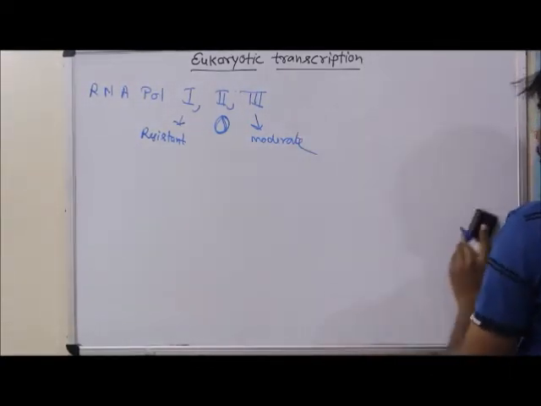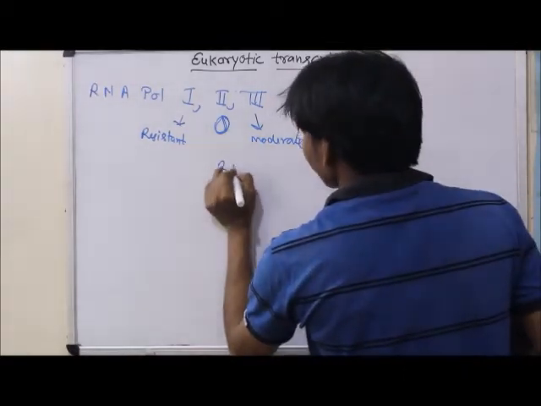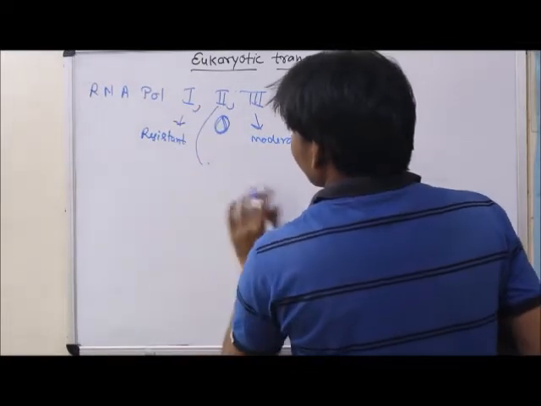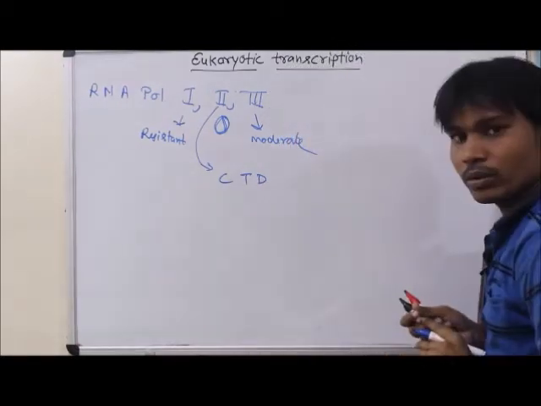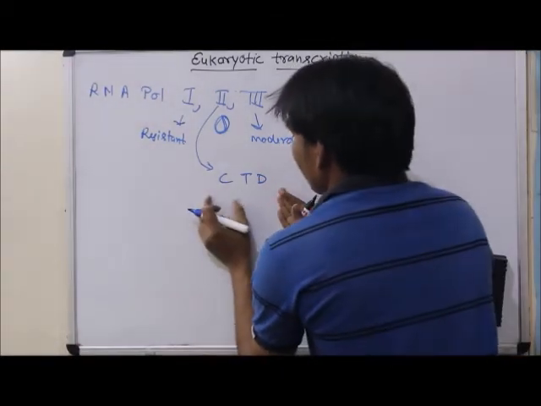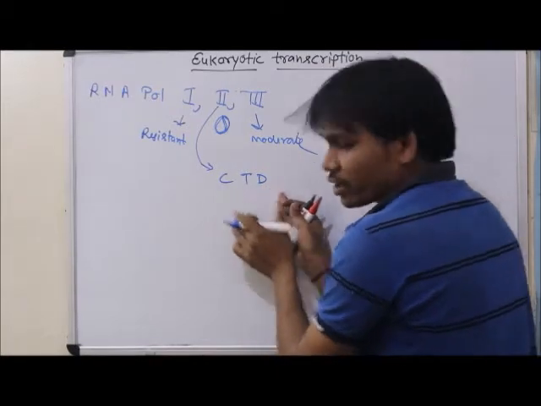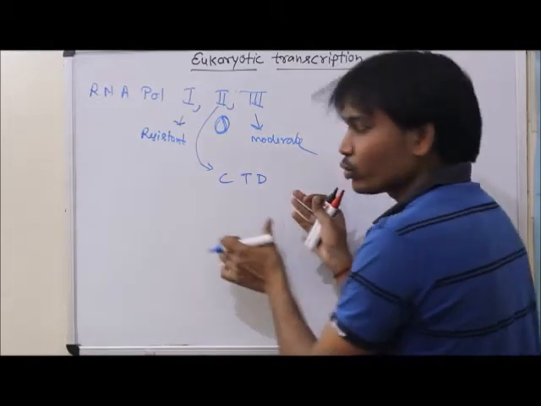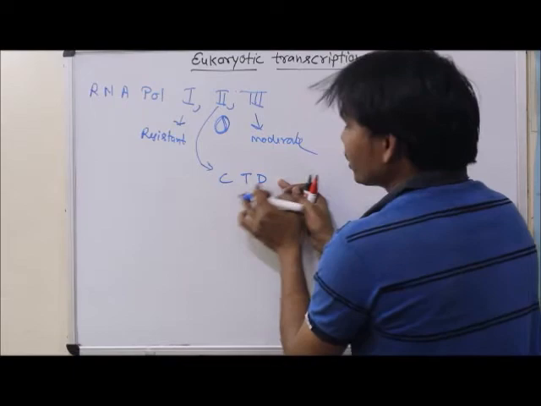In RNA polymerase II, the largest subunit contains the carboxy terminal domain, which is a site for the binding of an array of proteins.